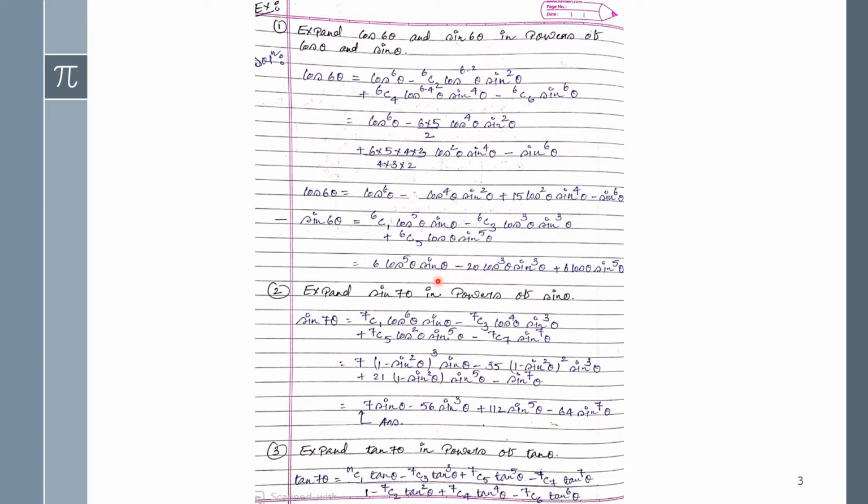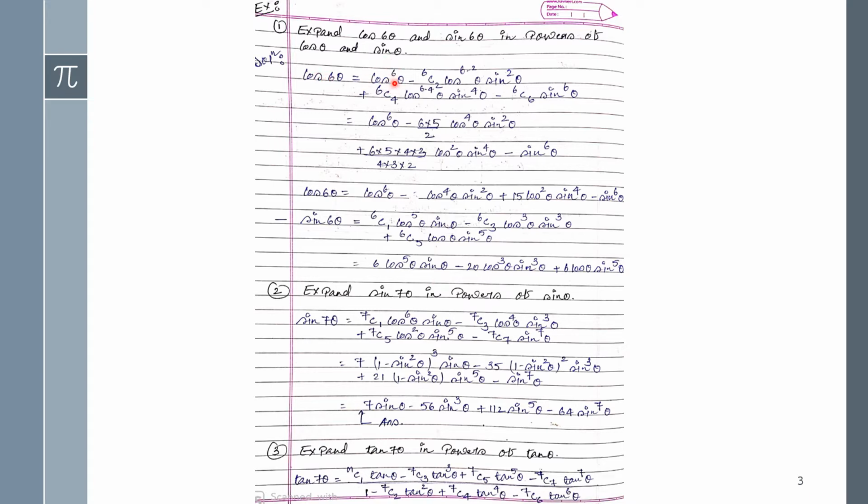For cos n theta it will be all even numbers, and for sin theta each odd number will be applied. So applying for cos n theta, that is cos 6 theta.